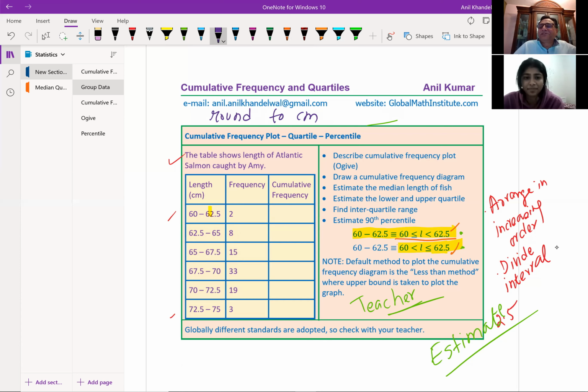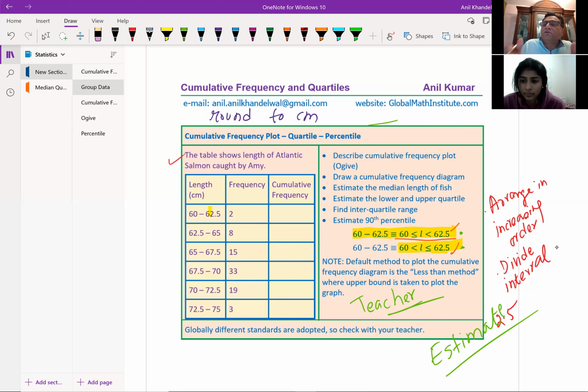So in my examples, I'm taking the length of the fish rounded to the centimeter. Therefore, I do not have any decimal value. That is what I normally assume. And therefore, I've taken a length which is 62.5 and I will not have any ambiguity. You get the idea? But remember, we have rounded the data.